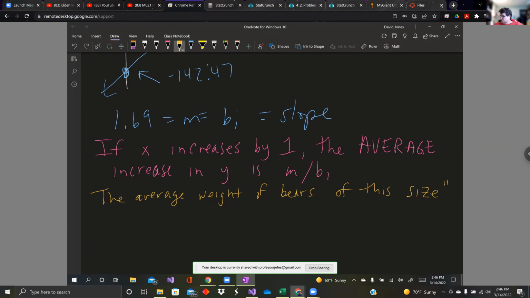This is pretty important for what I'm adding that in because it's going to be part of what we say next. The average weight of bears of this size goes up by 1.69 kilograms for every centimeter of the bear.